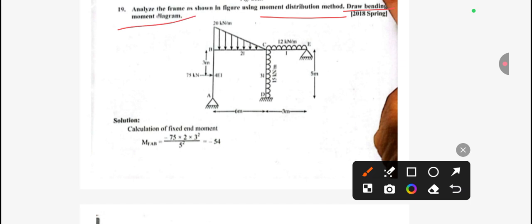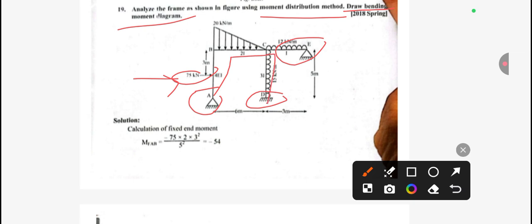In this frame we have two different supports. A is a hinge support and E is a hinge support. These two are hinge supports, and D is the fixed support. From here we can easily say that due to this 75 kilonewton load, this frame will start to sway like this.